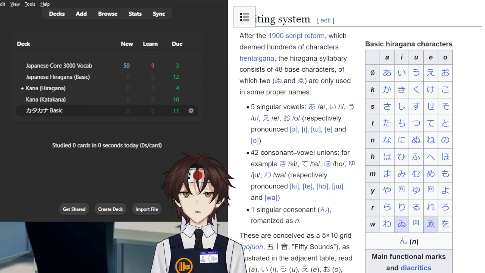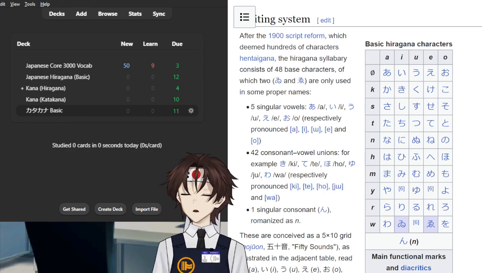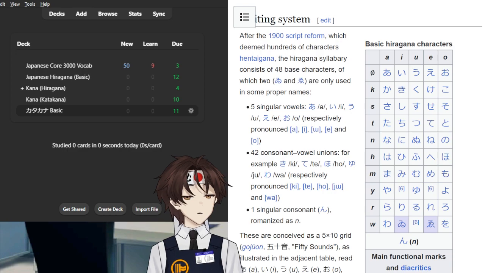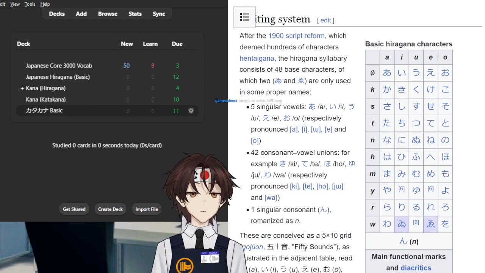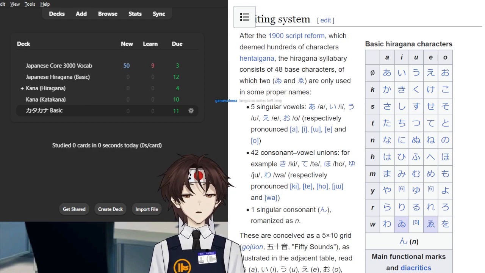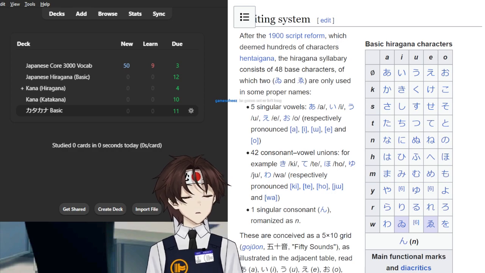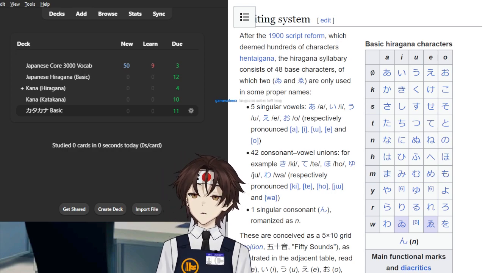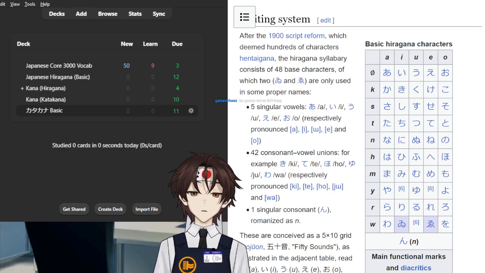So, name of the game: I should not be looking to my left, because if I do, I'm cheating, basically. I should look to my right, which is the flashcard program.